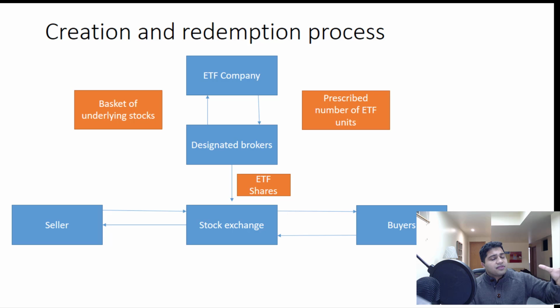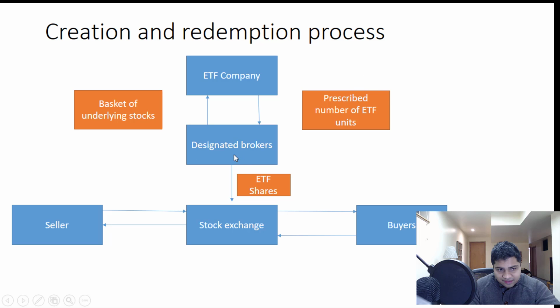So we want $500,000 worth of shares in the proportion that TSX 60 has to correspond to 50,000 units. So what will happen? The ETF company will generate 50,000 units.